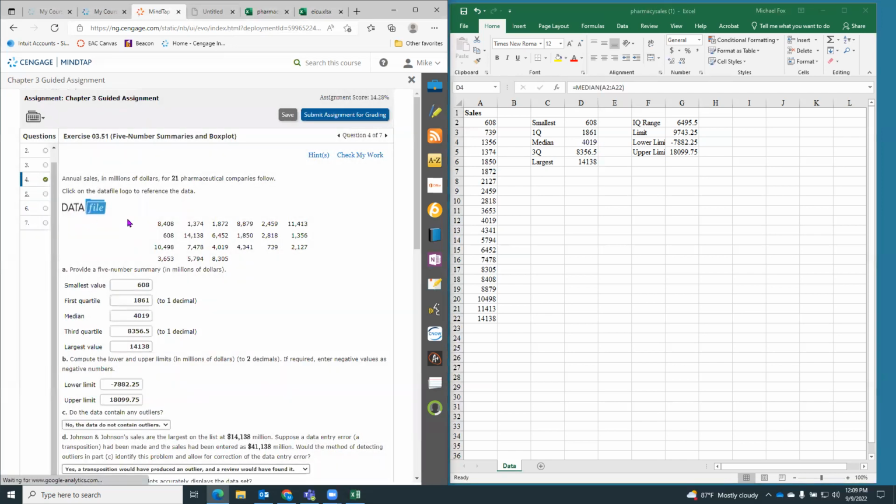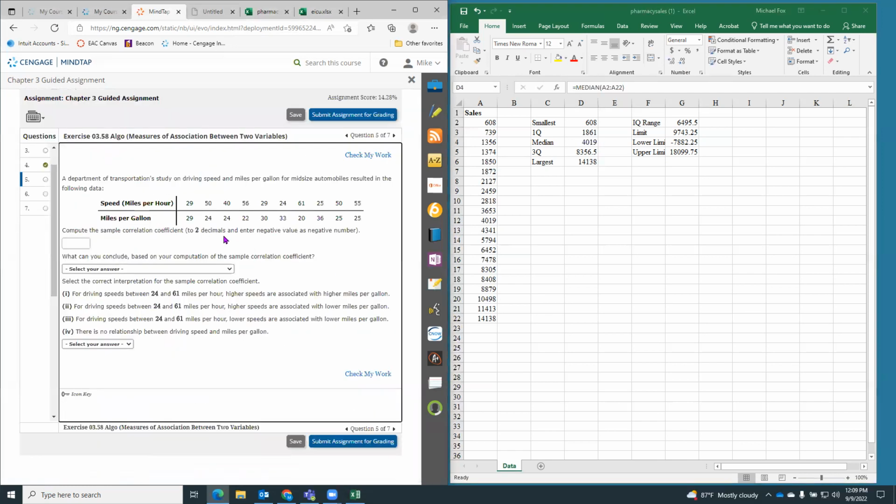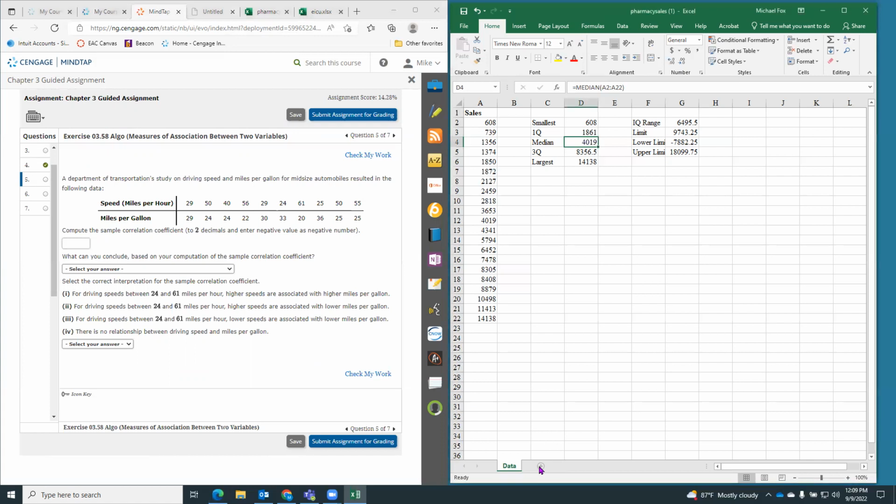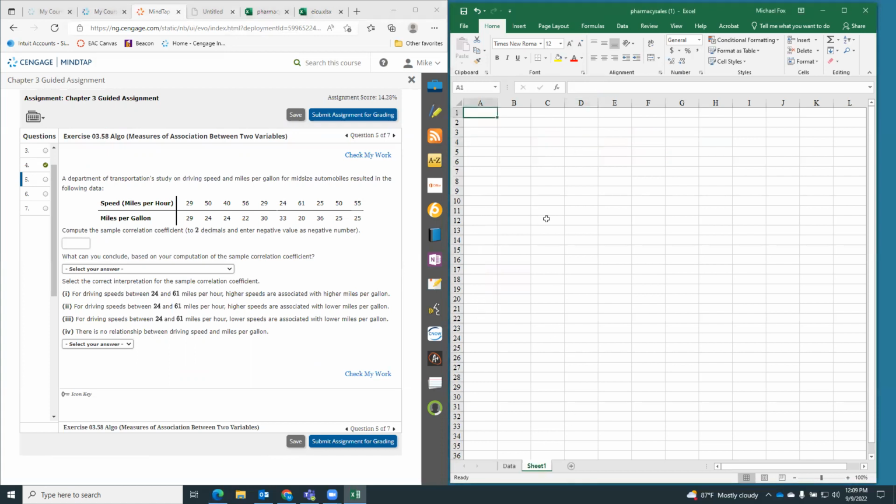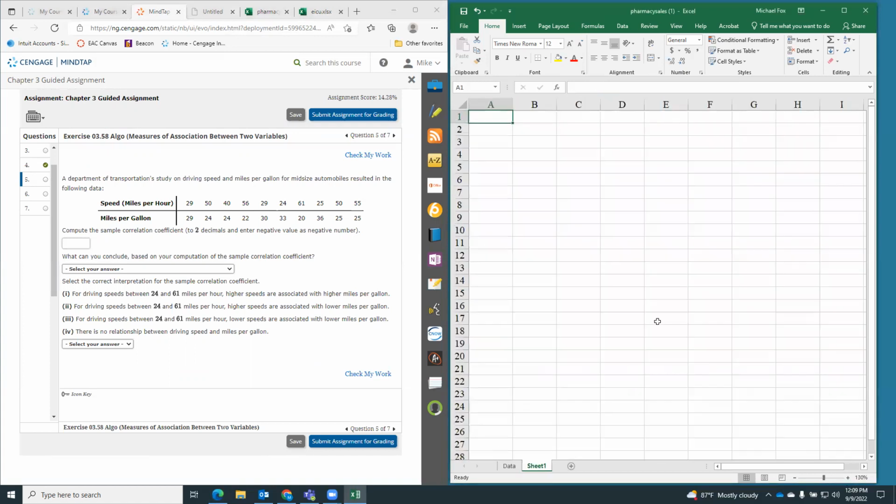All right, let's move on to number 5. So number 5 has ordered pairs, or 2 sets of data that are related to each other. Unfortunately, I can't just export it. So I'm going to have to go speed and miles per gallon.